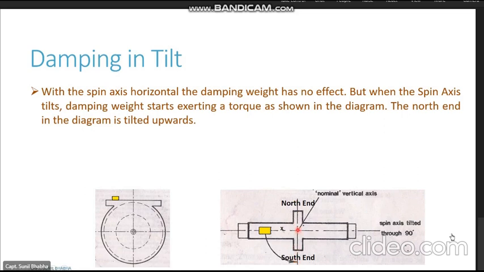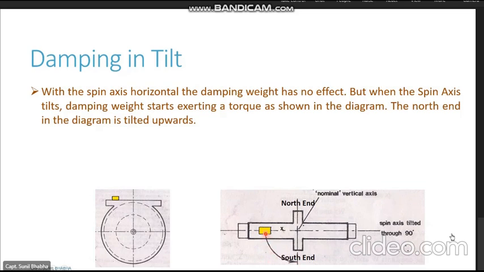The damping weight is offset to the west. So now this damping weight tries to push this part of the casing down. It is basically as if it is trying to push the south end of the spin axis as shown by this arrow.